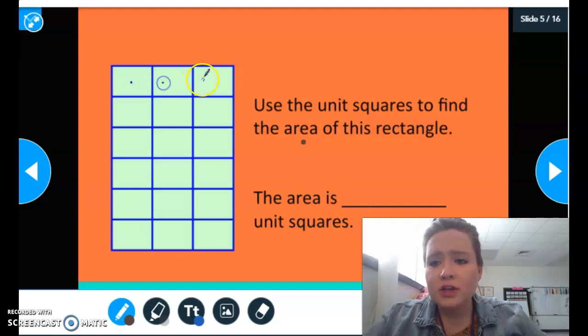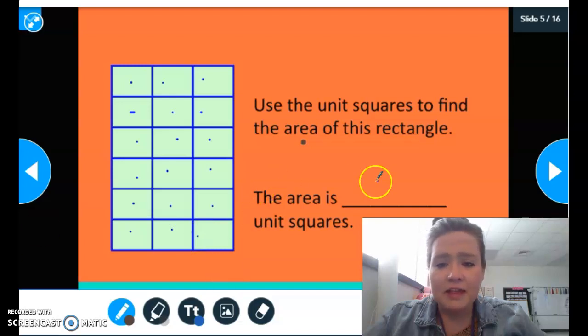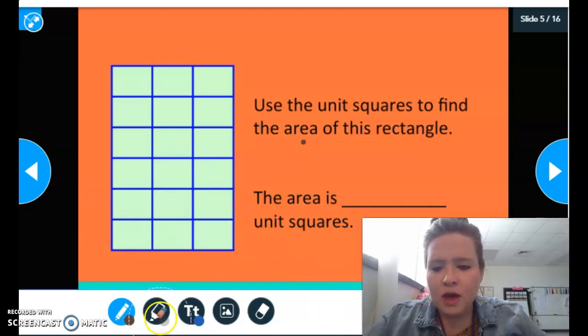So 1, 2, 3, 4, 5, 6, 7, 8, 9, 10, 11, 12, 13, 14, 15, 16, 17, 18. The area is 18 square units, okay? But I can also find my length and my width, all right?